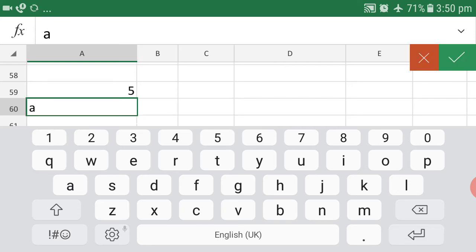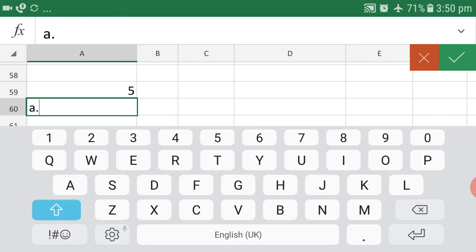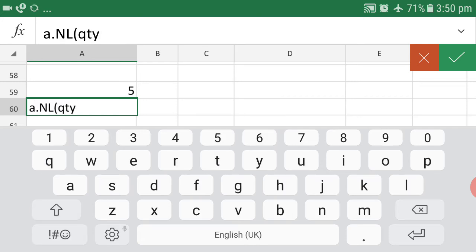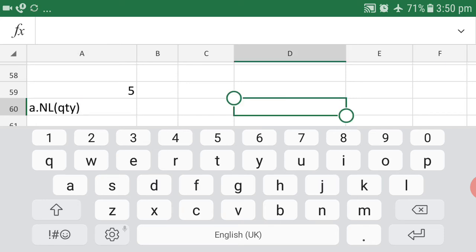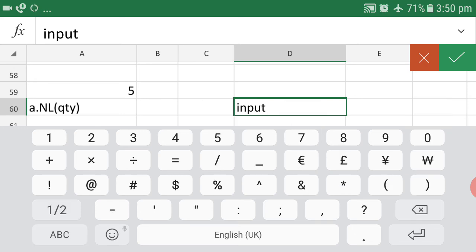Normal loss in quantity is 10% of input.